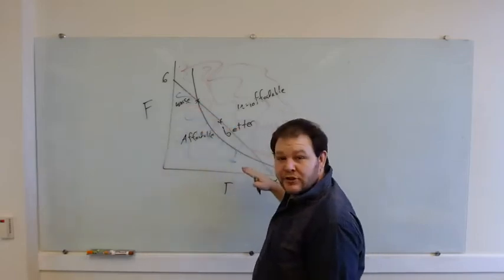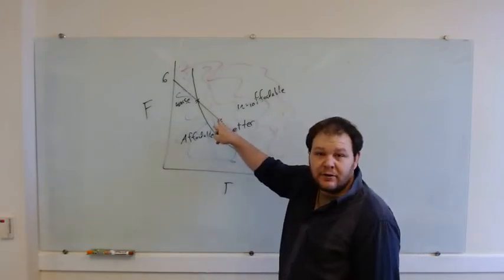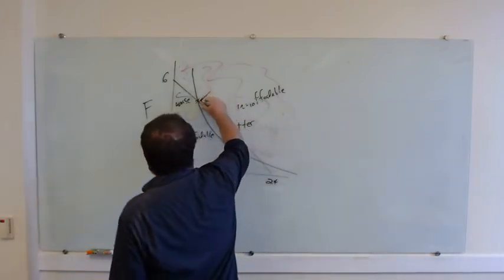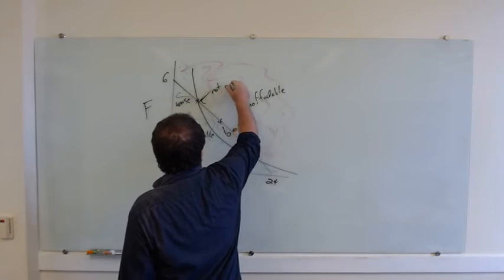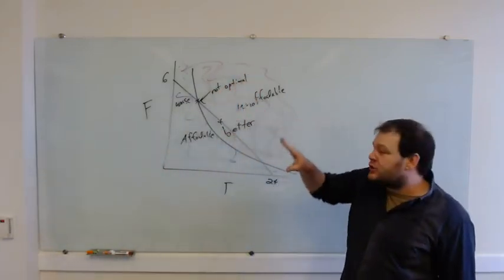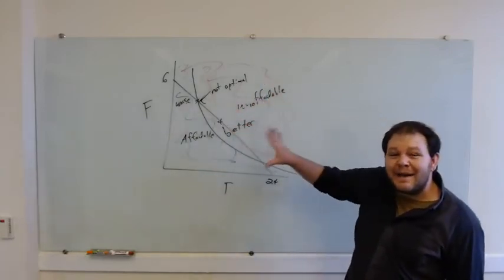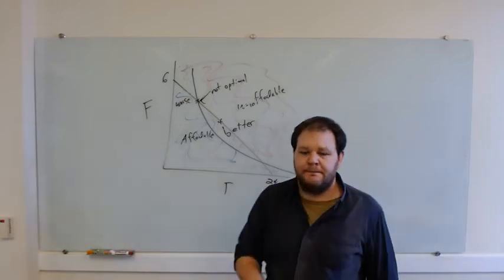They're on or below the budget constraint, and they're better. They're above the indifference curve. So this is not our optimal choice. And the reason for that is because there's an overlap between the world of better and the world of feasible, right? So this can't be our best feasible choice.